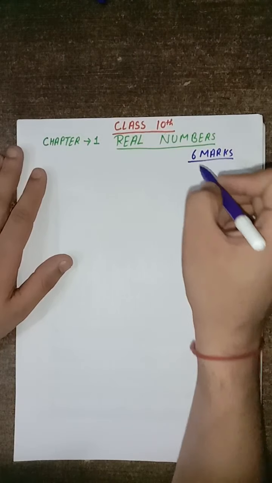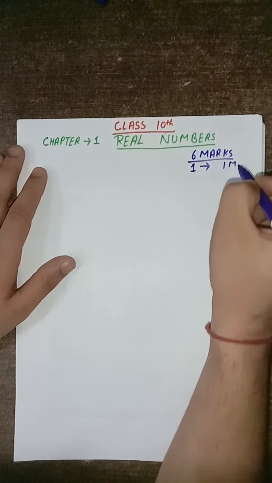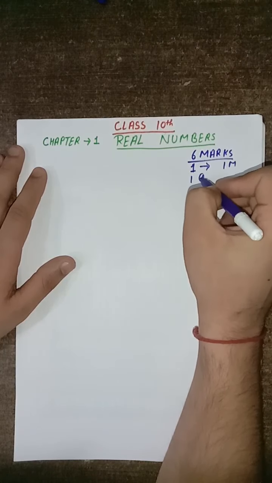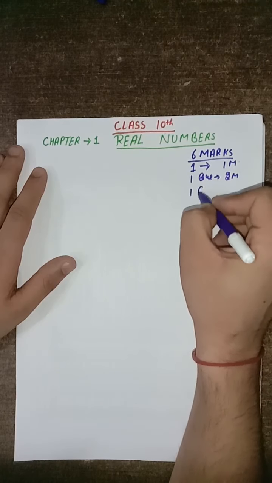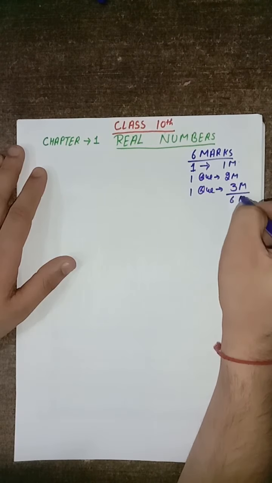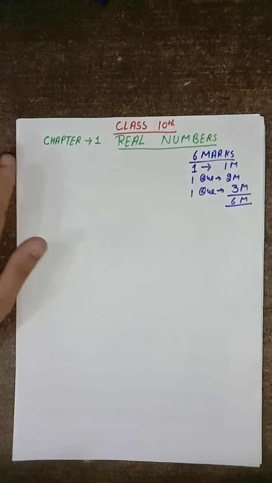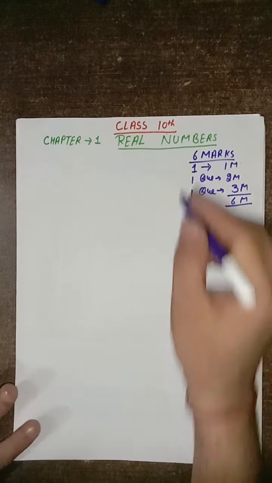And what will be the pattern? One question of 1 mark, one question of 2 marks, and one question of 3 marks. Total 6 marks. And the chapter is very easy, and the questions always repeat in every exam.